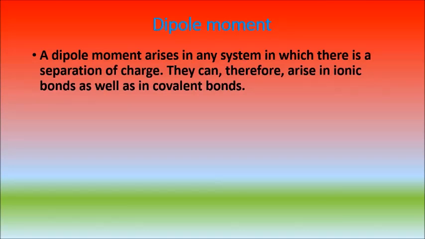Next, we have to see the dipole moment. A dipole moment arises in any system in which there is a separation of charge. They can therefore arise in ionic bonds as well as in covalent bonds.